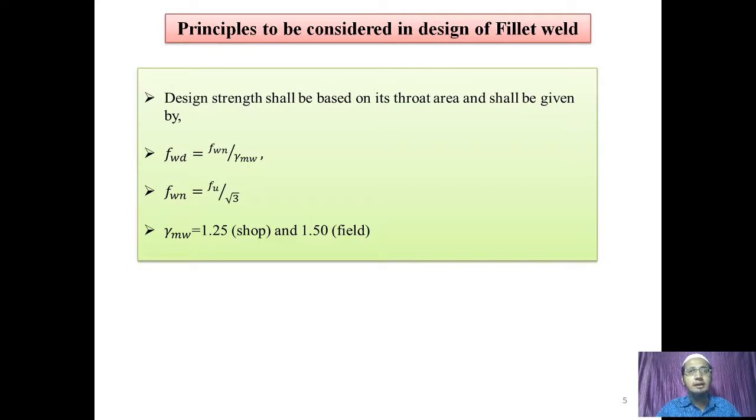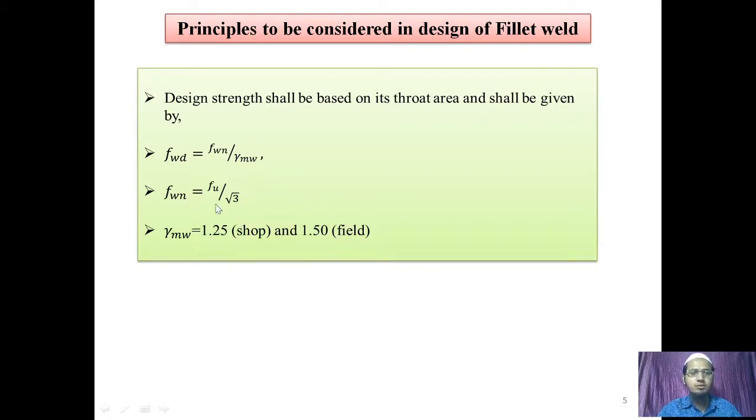It is the strength of weld to be developed to resist the external load coming on the joint or connection, and it can be obtained as FWD equals FWN divided by gamma MW, where FWN is the nominal weld strength and gamma MW is the factor of safety for the weld. This gamma MW has values 1.25 and 1.50, which are given in IS 800 2007.